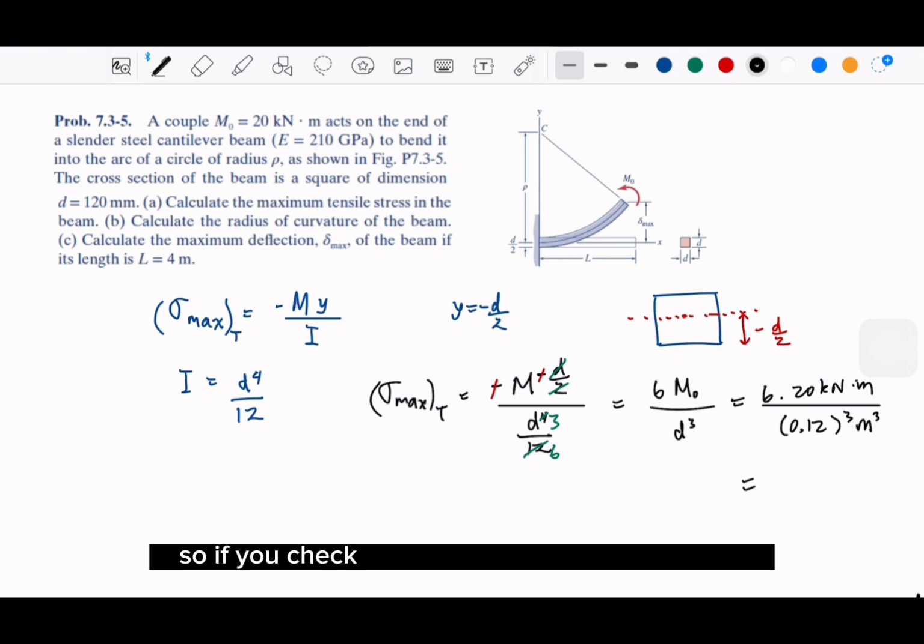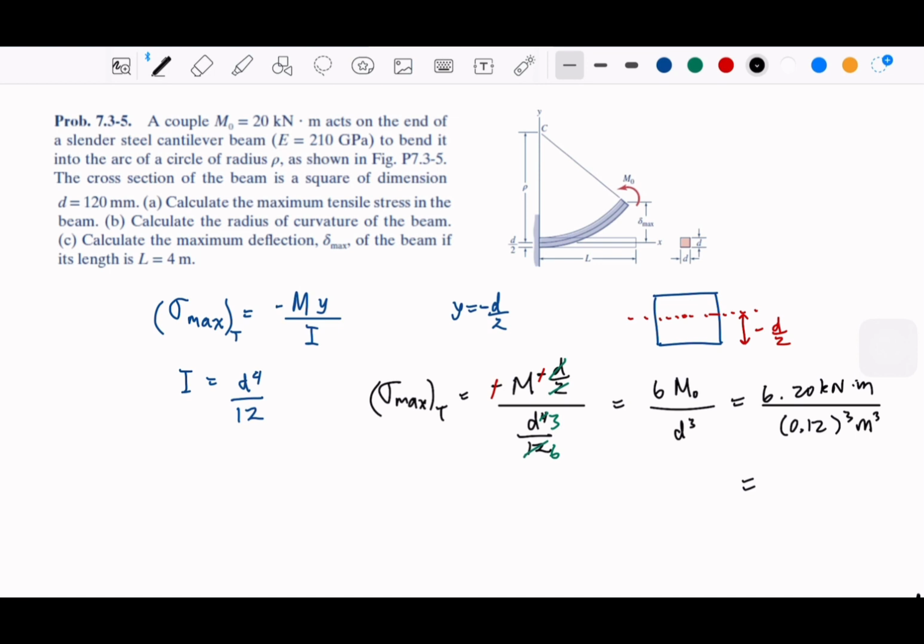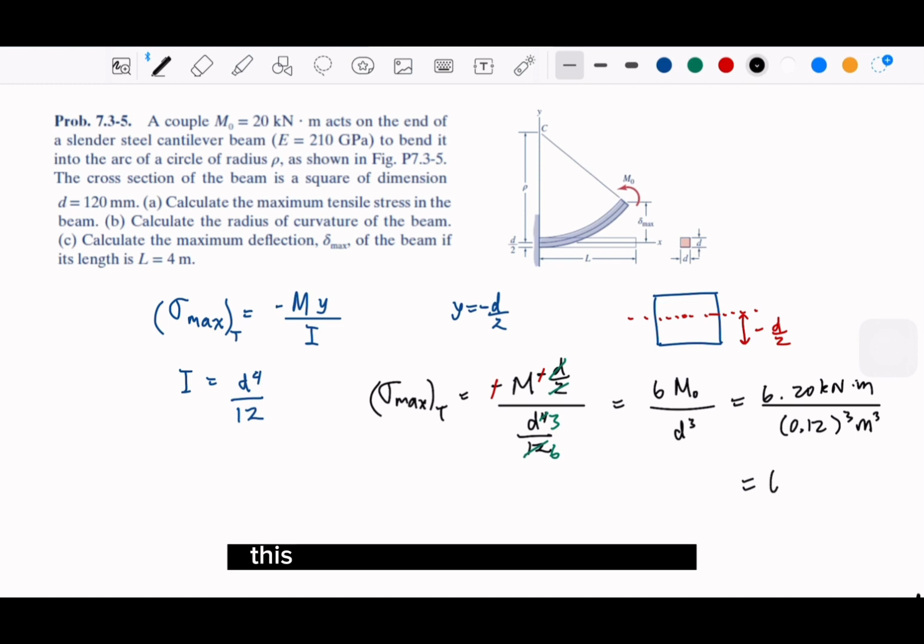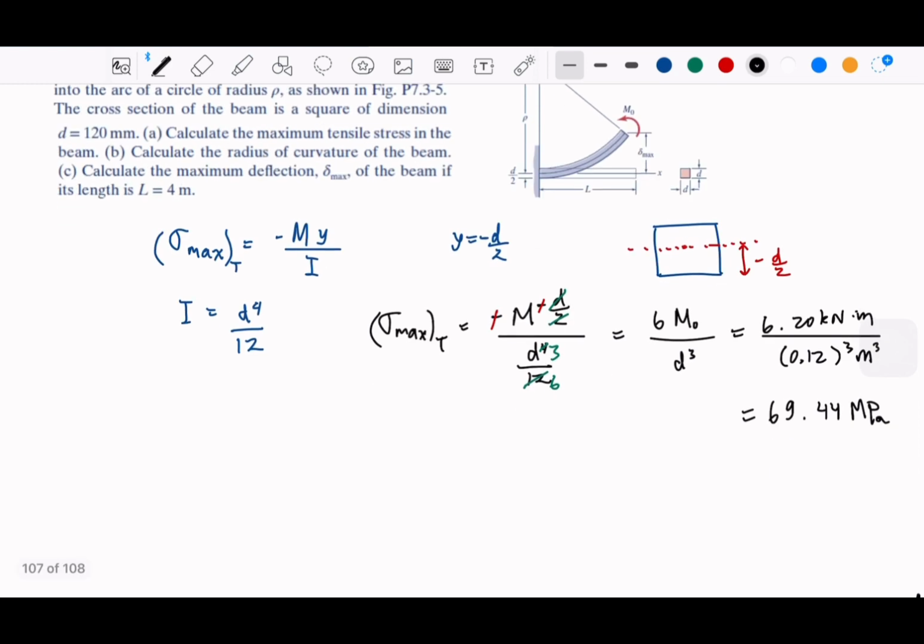If you check, this will be equal to 69.44 MPa. So this is for A.